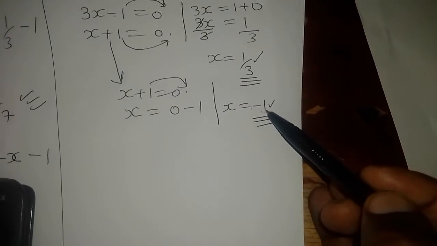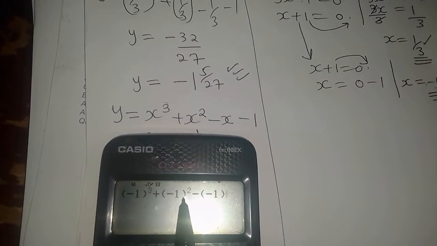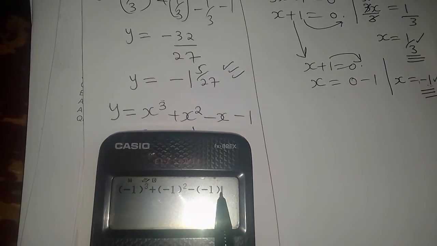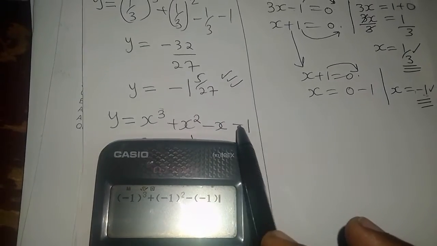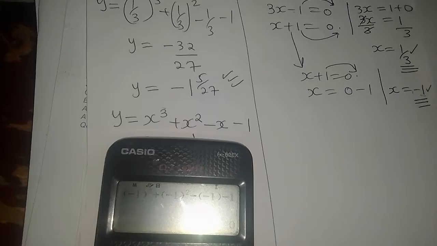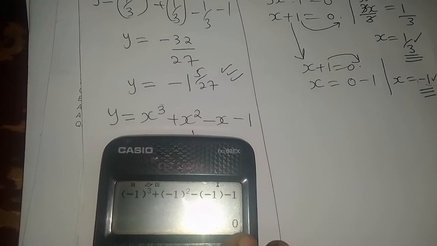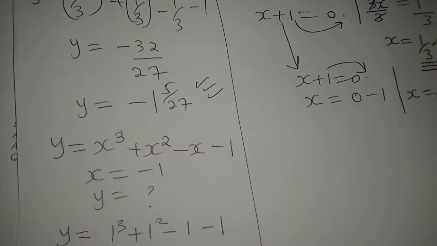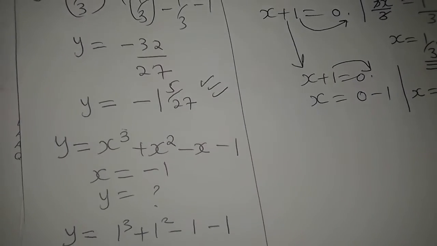So I'm supposed to put those negative signs to get the accurate answer. So negative 1 cubed plus negative 1 squared minus, open brackets, negative 1, the value of x here, then minus 1. Good. So the answer is 0. So y is equal to 0.